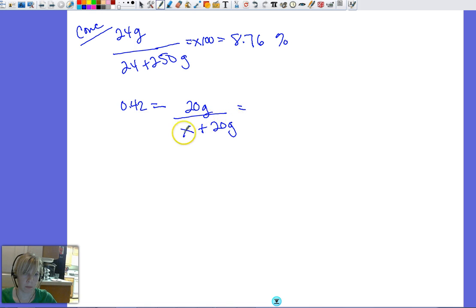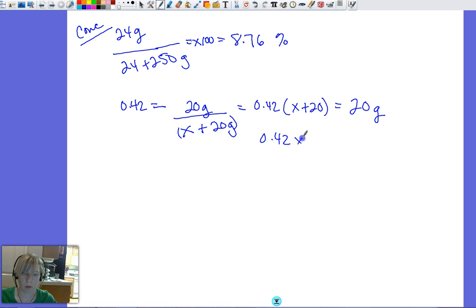I'm going to multiply this whole thing on each side. So I get 0.42 times X plus 20 equals 20 grams. Now I'm going to distribute: 0.42x plus 0.42 times 20.